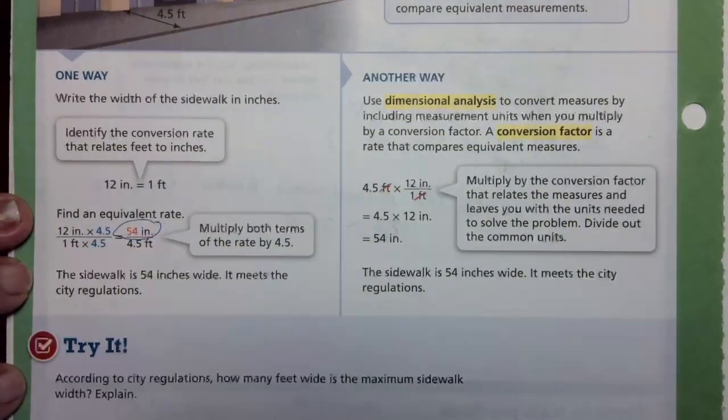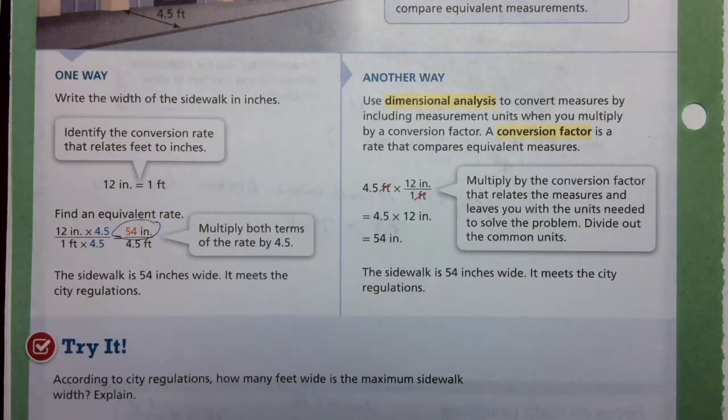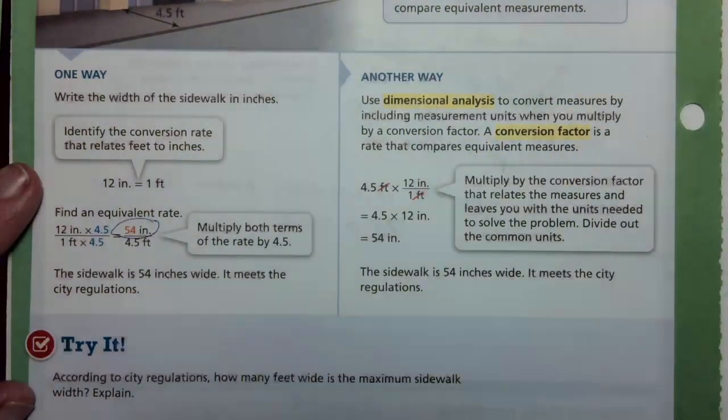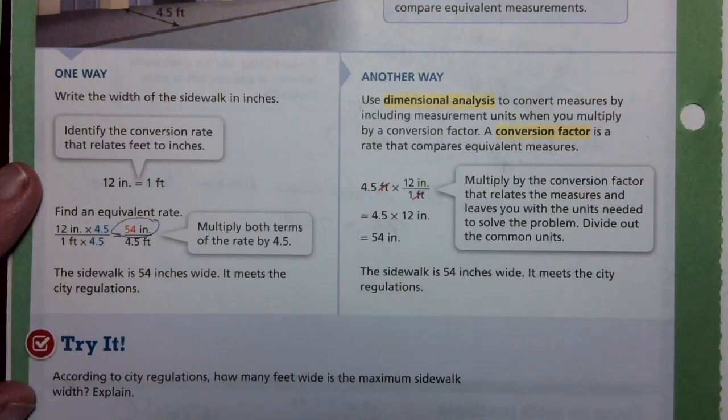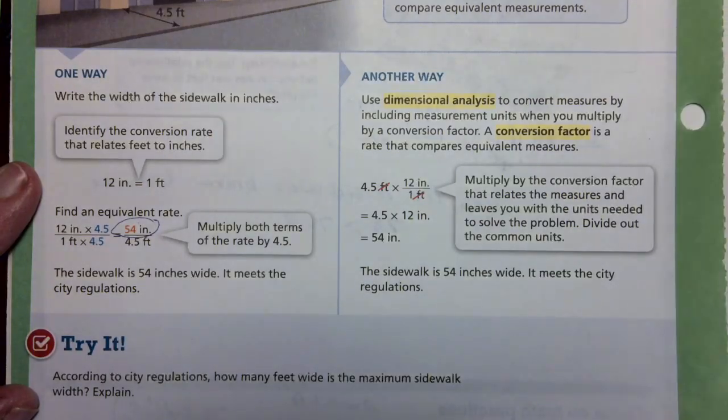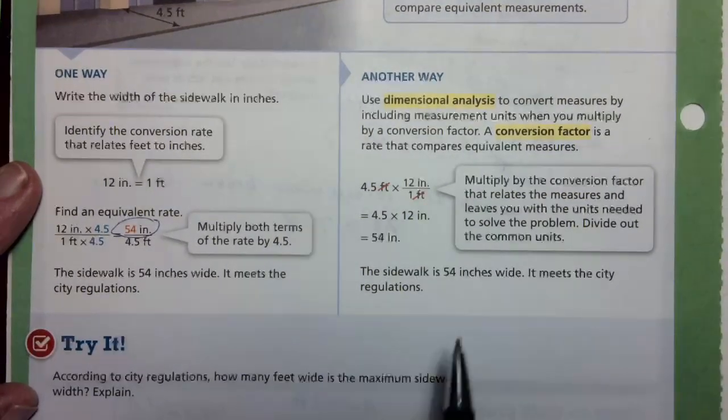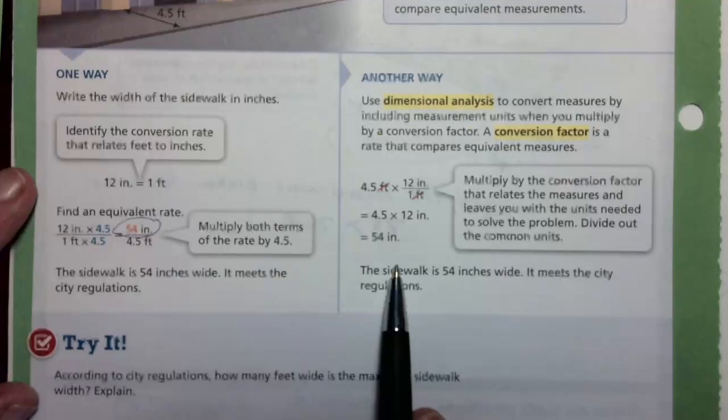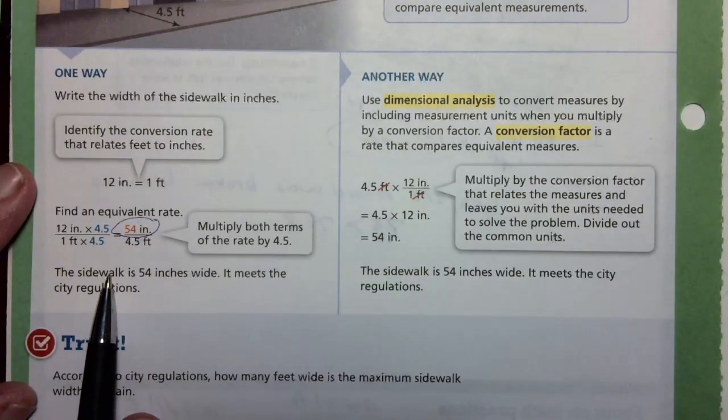Now, look at another way. Use dimensional analysis to convert measures by including measurement units when you multiply by a conversion factor. A conversion factor is a rate that compares equivalent measures. Now, does this one right here look more like what I did or this way?